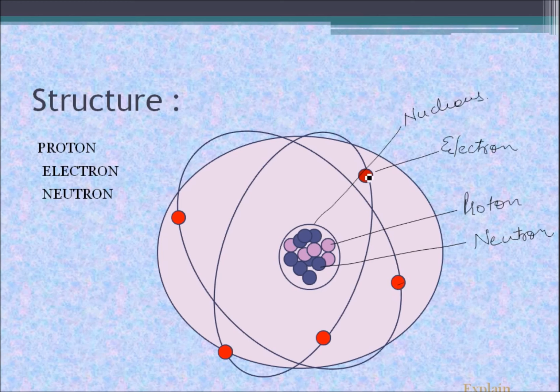Electrons have negative charge and protons have positive charge, right? The electrons surround the nucleus, and there's an imaginary path called orbits, right?